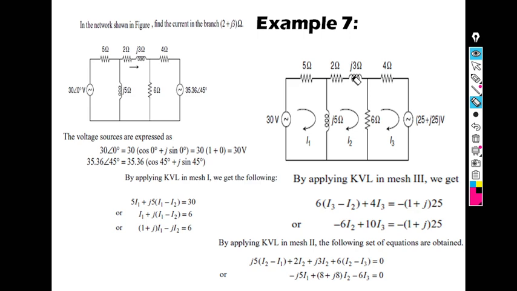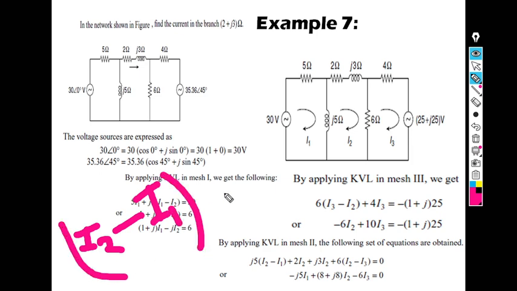So the next thing is our second equation, I2 minus I1, J5. So I can write here the second equation: I2 minus I1, J5, or J5 into I2 minus I1, no problem. IXL drop actually.